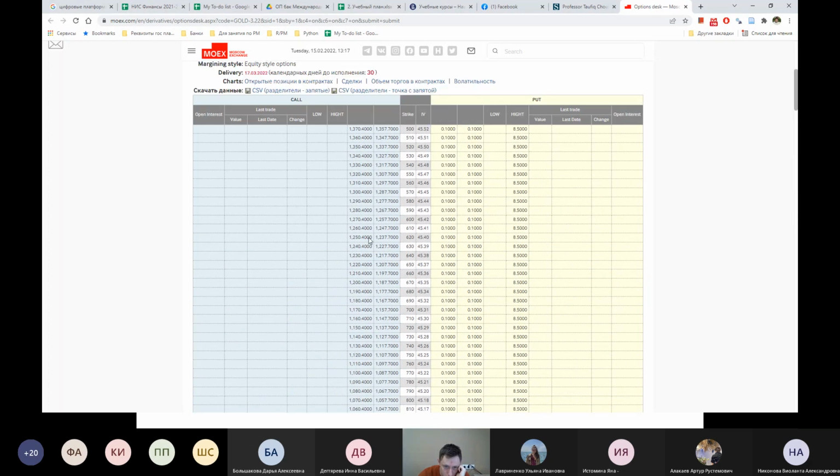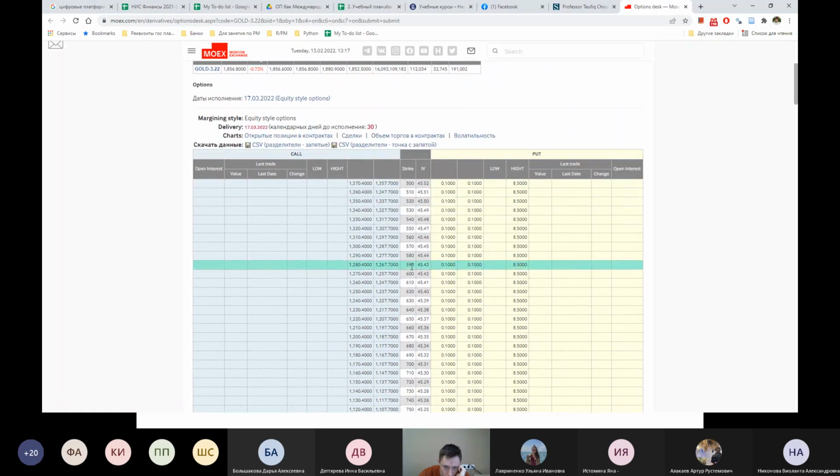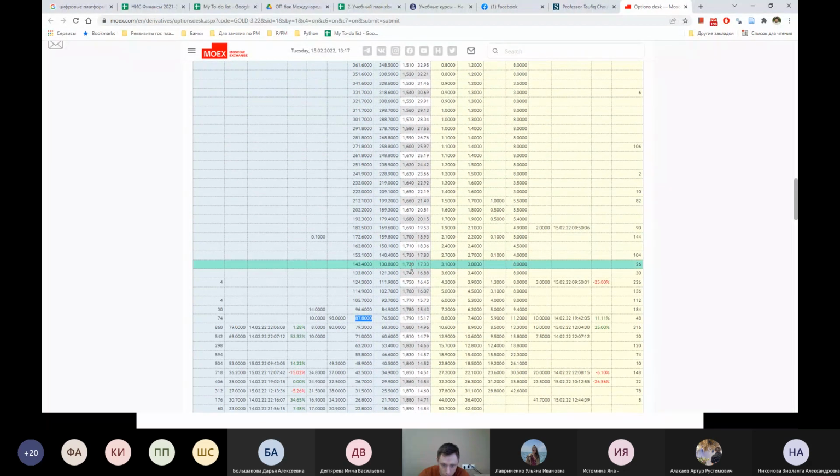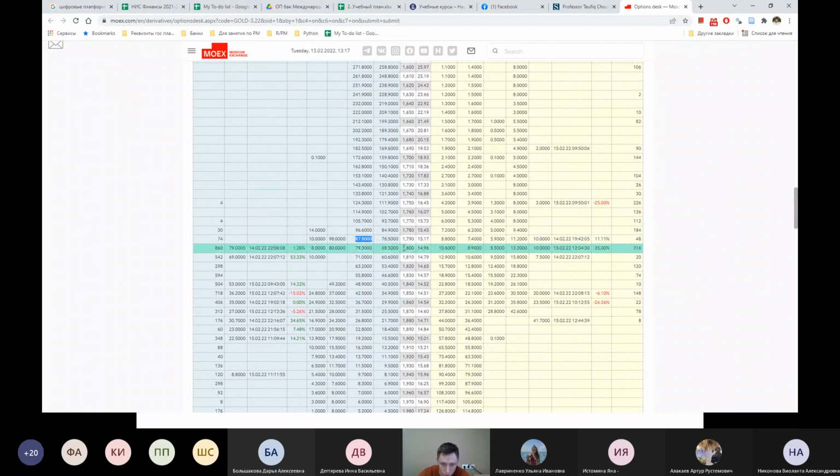Here is the strike price. The higher would be the strike price, the lower is the value of the call option, and the higher would be the value of the put option.